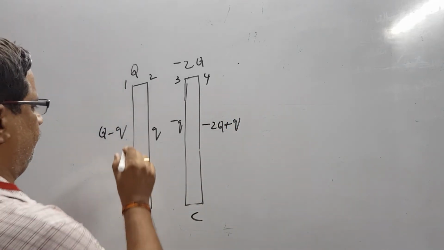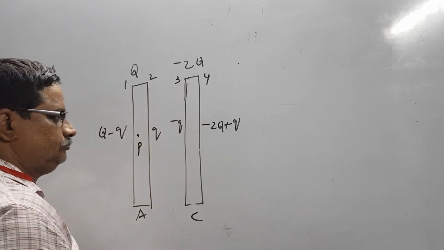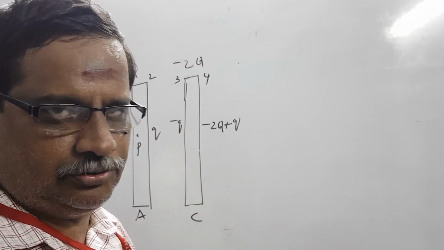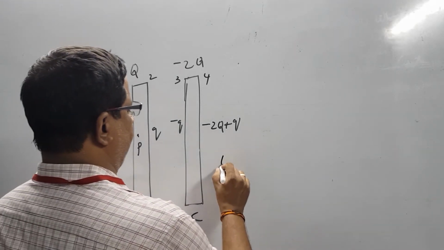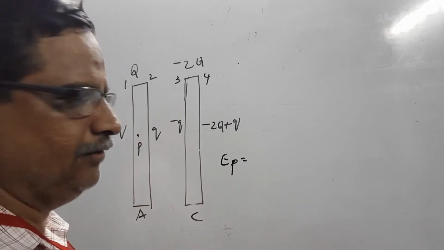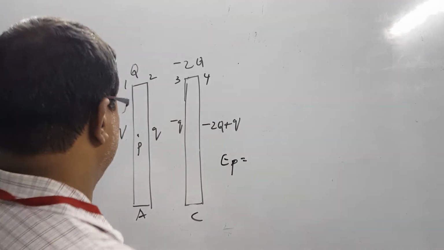Now let us consider a point P here. Since the point P is inside a conductor, the net electric field at P should be 0. So now we will write the field at P as EP equal to, using the same sign conventions that we have been using so far.